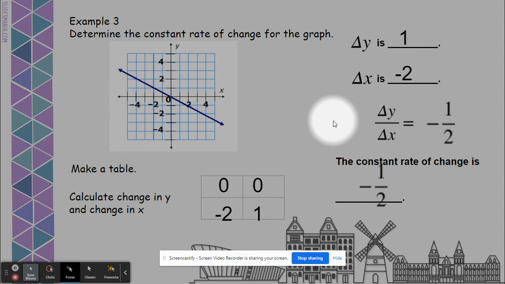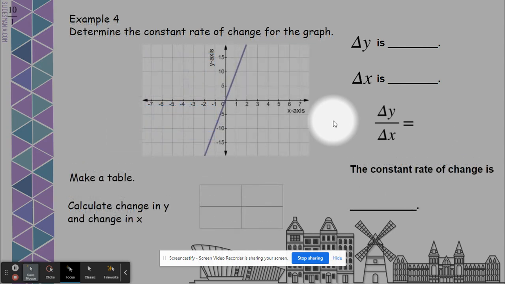All right, let's look at another example. I got a graph. Maybe I know how to find constant rate of change from the graph itself. Maybe not, but I do know how to make a table. I need pretty points. So I chose 0, 0 because it's exact, and x equal 1, y equal 10 because it's exact.